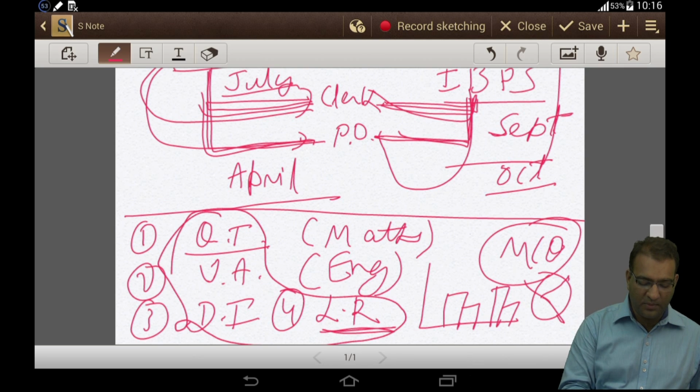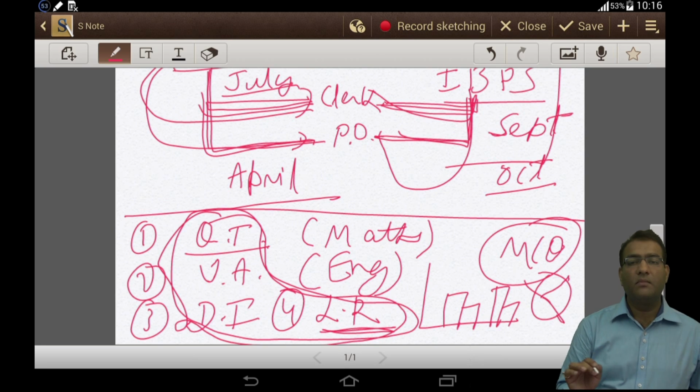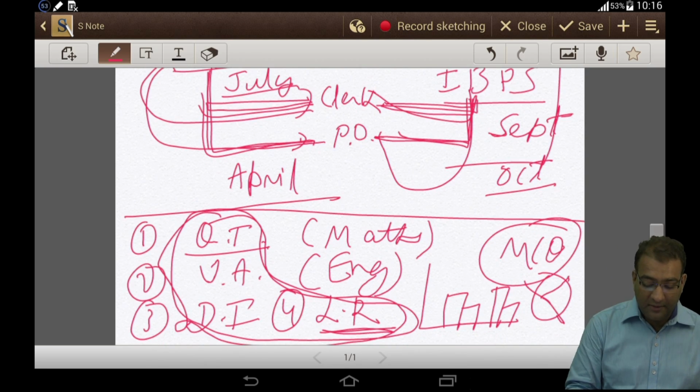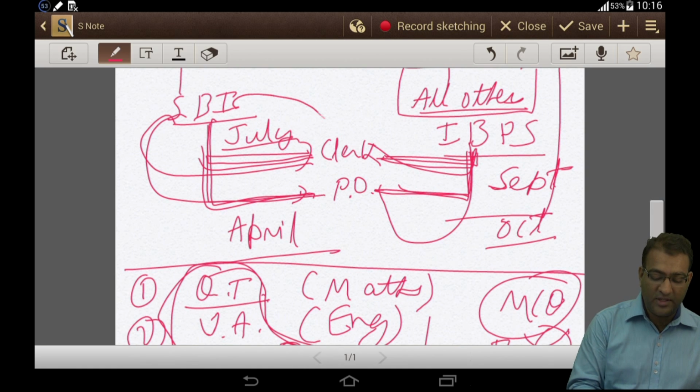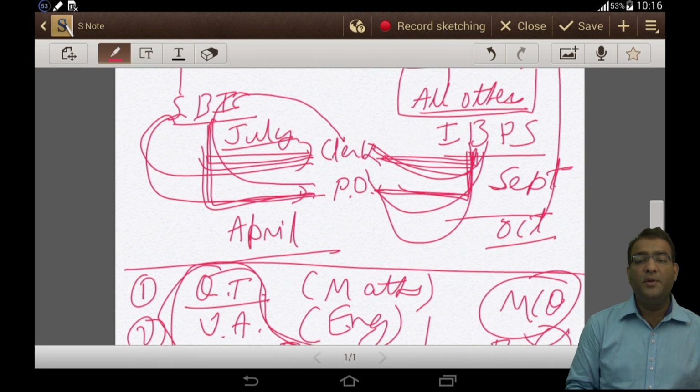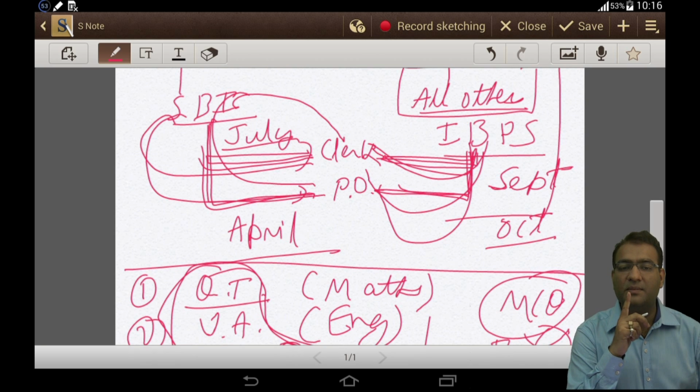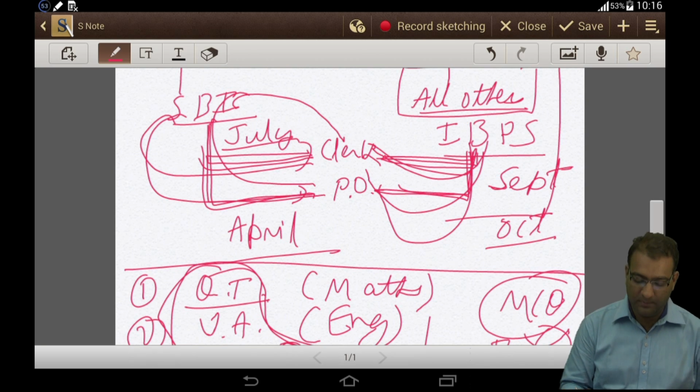But these are 4 subjects which are scoring. Now understand, it is the same 4 subjects for SBI clerk, SBI PO, IBPS clerk and IBPS PO, but the difficulty level is different for all exams. I hope this is understood.